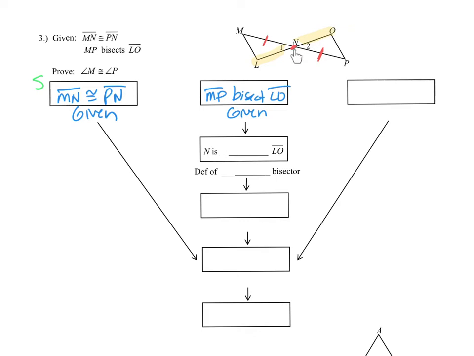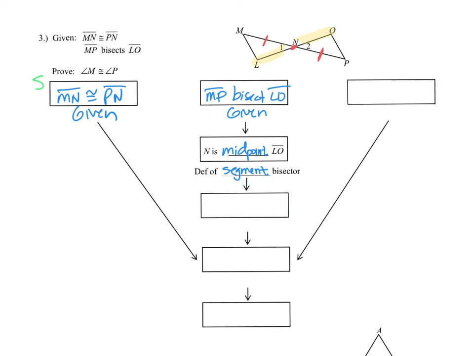So if we assume that MP is a segment bisector, then we can say that N is the midpoint of segment LO, and the reason is definition of segment bisector. A segment or a line or a ray or a plane, any straight thing, is a segment bisector if and only if it intersects a segment at its midpoint.